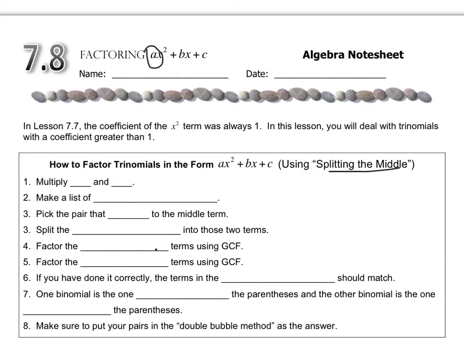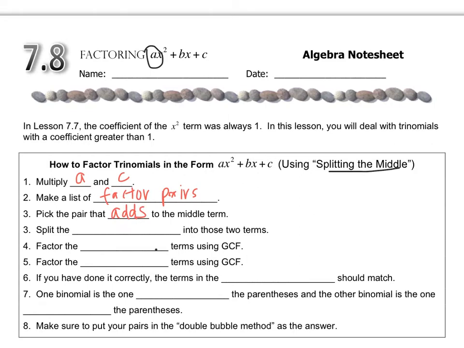You identify your A, B, and C, and then you multiply the A and the C values. Similar to what we did last lesson, you make a list of factor pairs, and then you pick the pair that adds to the middle term.